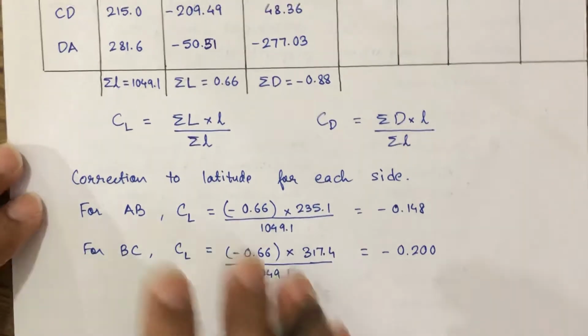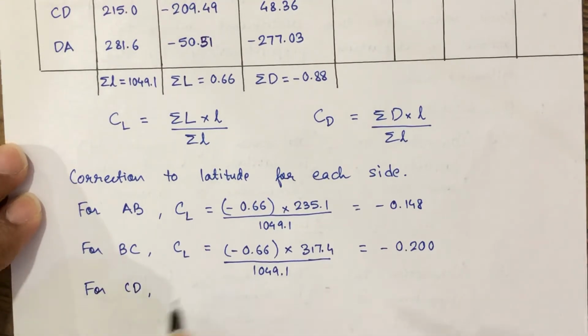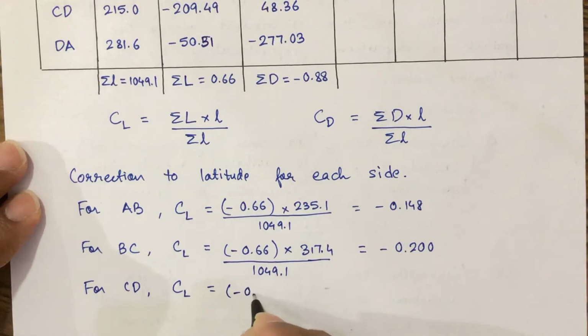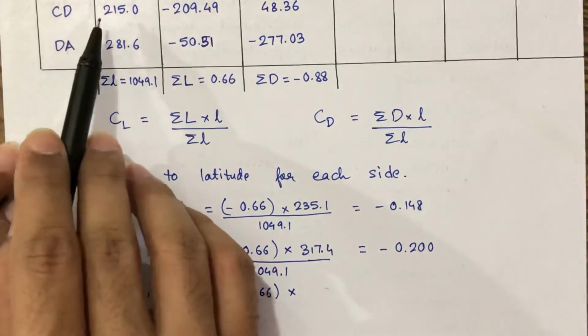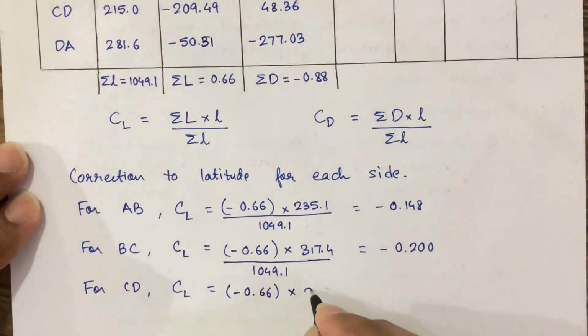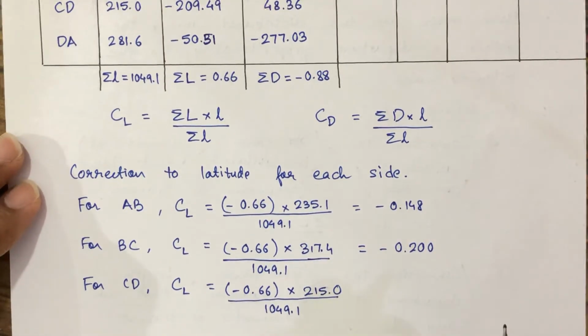Now for CD, the correction to latitude will be minus 0.66 into the length of CD, which is 215, whole divided by 1049.1. So this value comes out to minus 0.135.